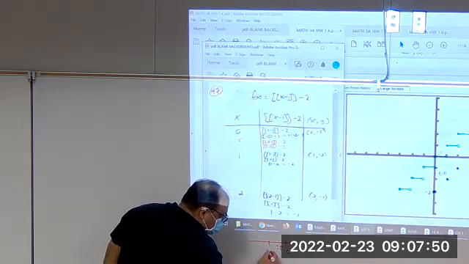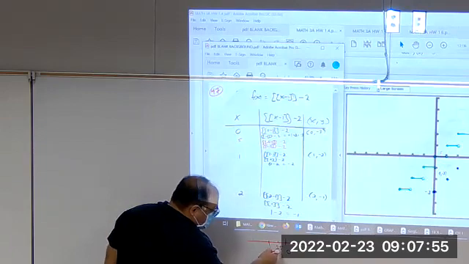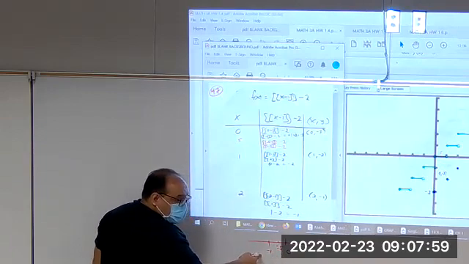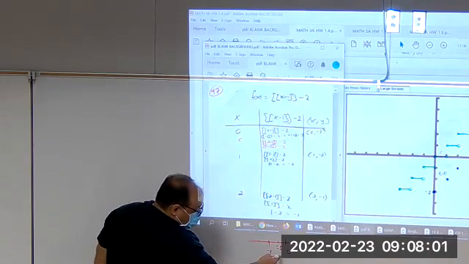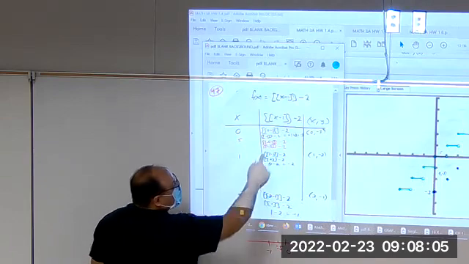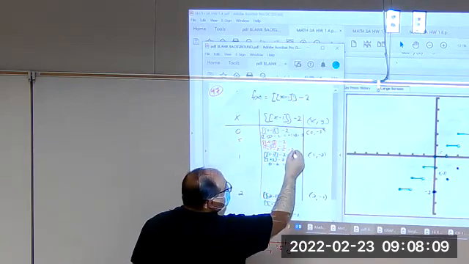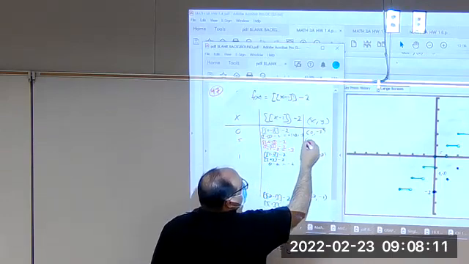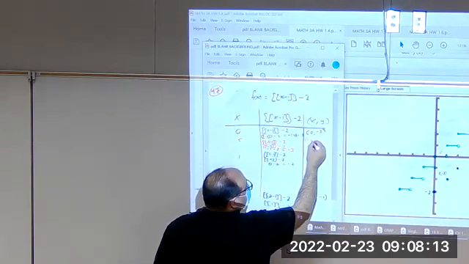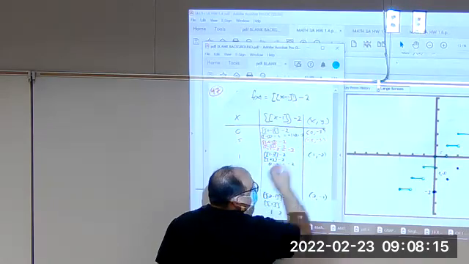The greatest integer that's less than or equal to -0.5. That's not an integer, so it's not equal. So less than is -1. This is -1 minus 2. We get -3. So when we plug in 0.5, we get -3.